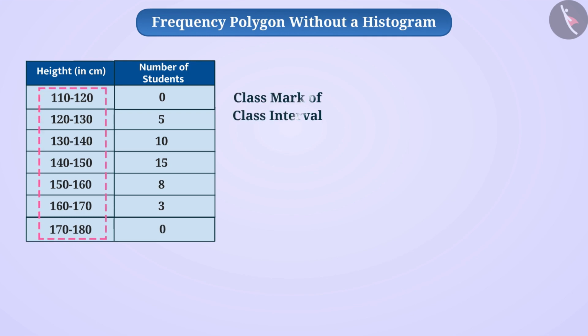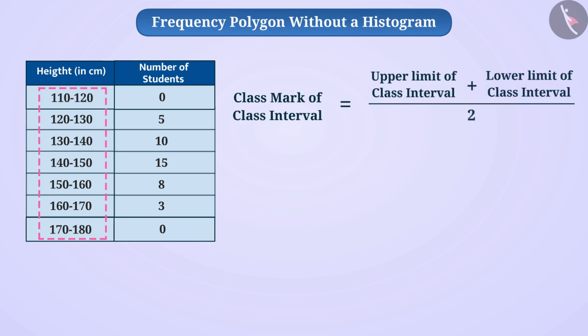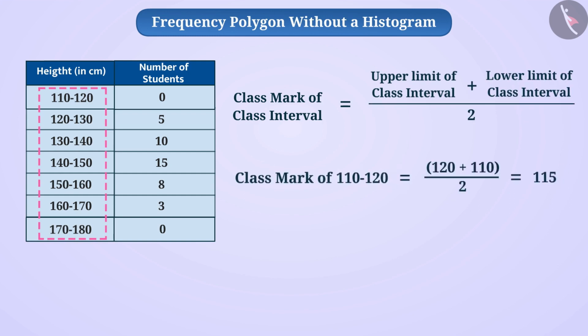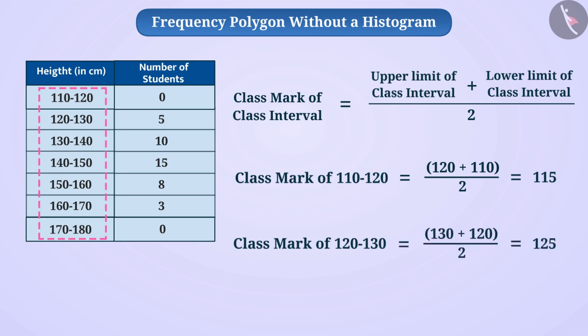Therefore, we will get the class mark of each class interval. The class mark of a class interval is equal to the upper limit of the class interval plus the lower limit of the class interval, divided by 2. Therefore, the class mark of 110 to 120 is 115. Similarly, the class mark of class interval 120 to 130 is 125.